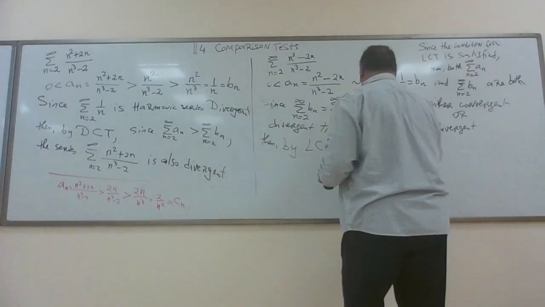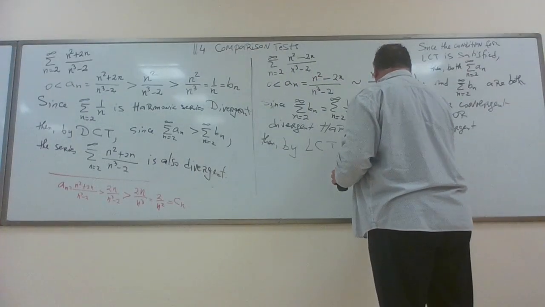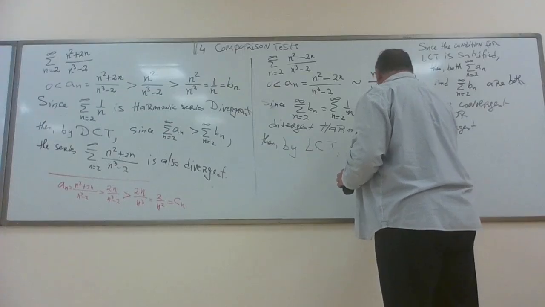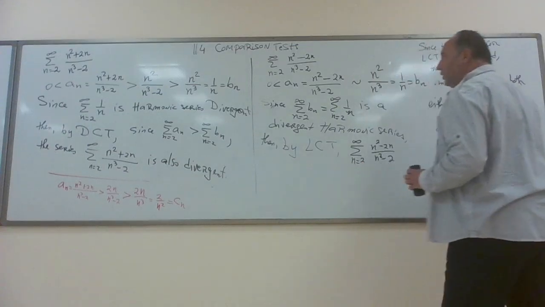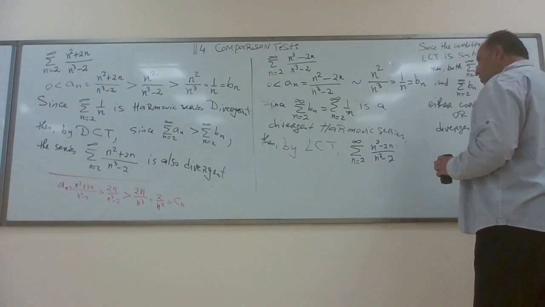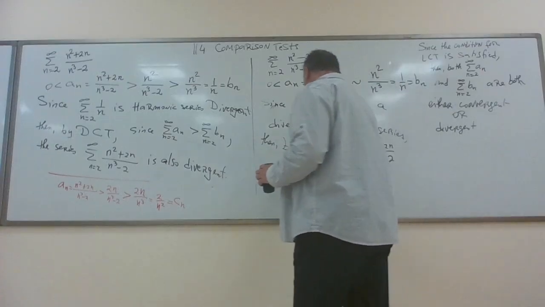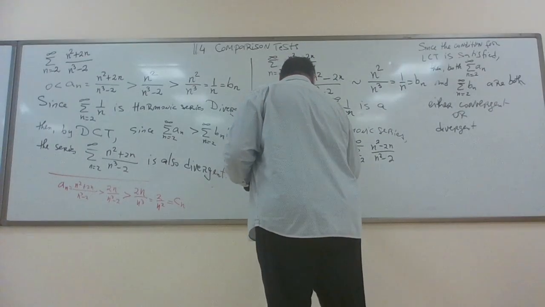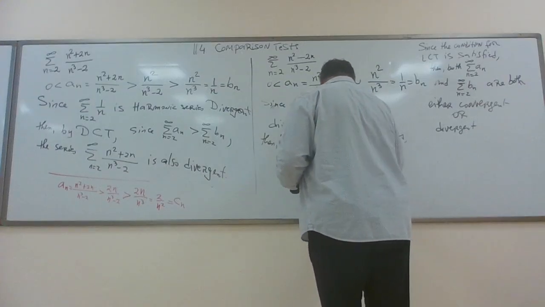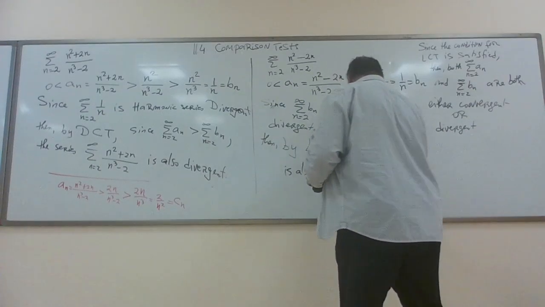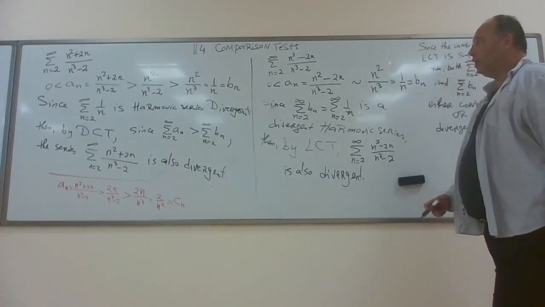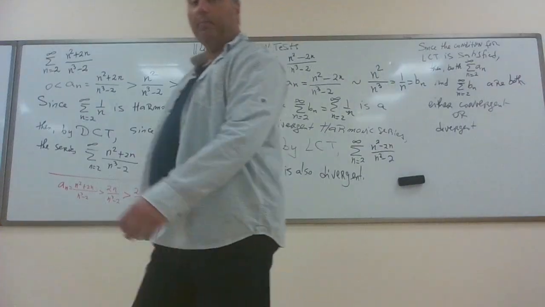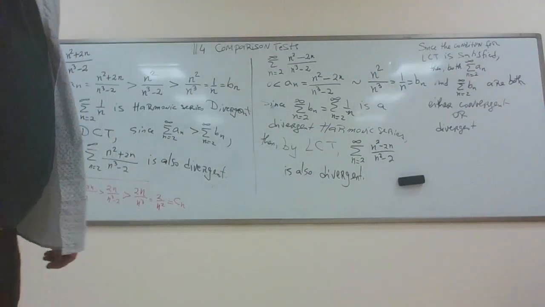So I'll just copy it. We see here the situation is a little bit different from the previous examples. Just by changing one sign, we need to change the test. But what matters is to check the condition for LCT. It's mandatory. We cannot avoid that.